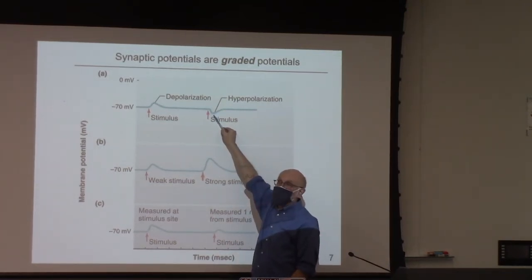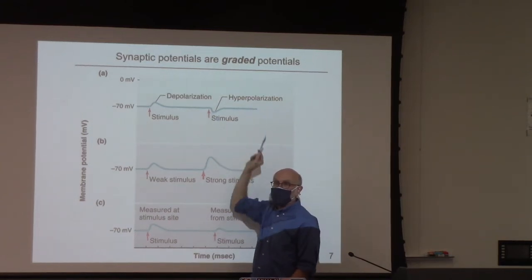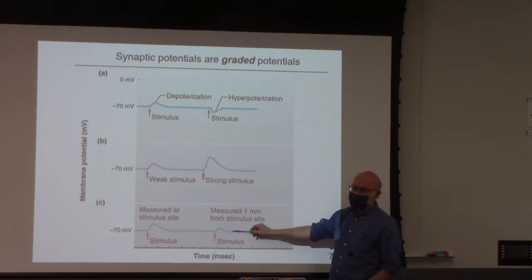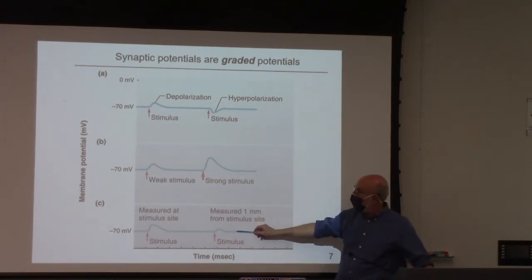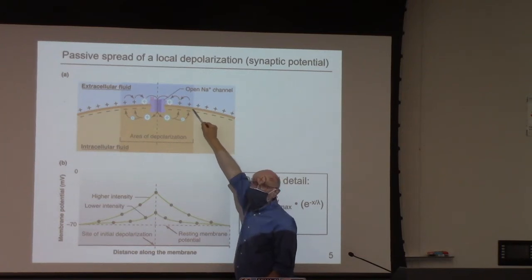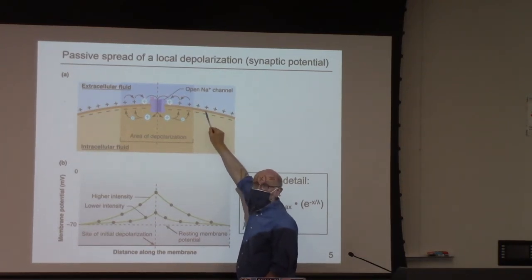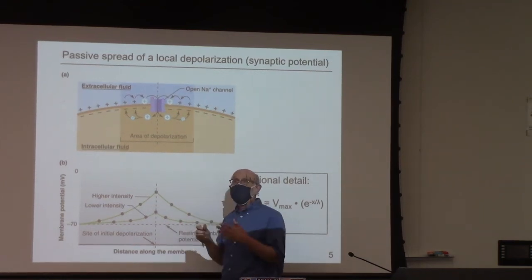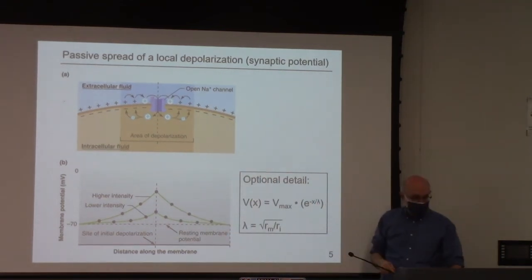IPSPs can be graded in the same way. This is just making the same point as is made here. If we measure the depolarization out here, it is small relative to the depolarization right here next to the channels that are triggering the depolarization. Okay?